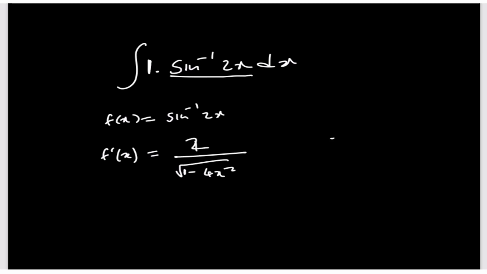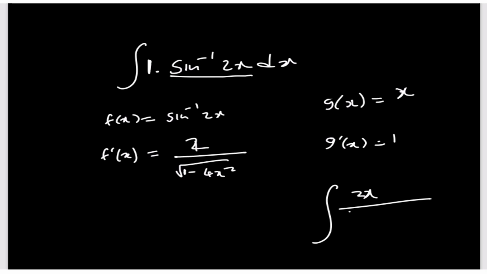You see, then you take 1 as g prime, then this will be x. If you substitute, your answer will be f of x times g of x minus integral f prime of x and g of x. Now your integral will have f prime of x and g of x, and this will be u substitution. You take this to the top. You see, just practice this. I'm not going to show you that.